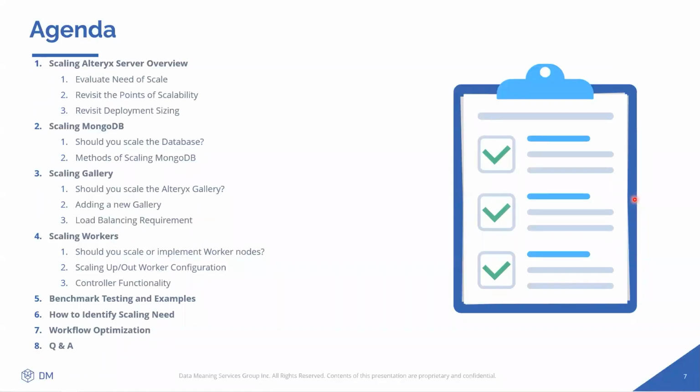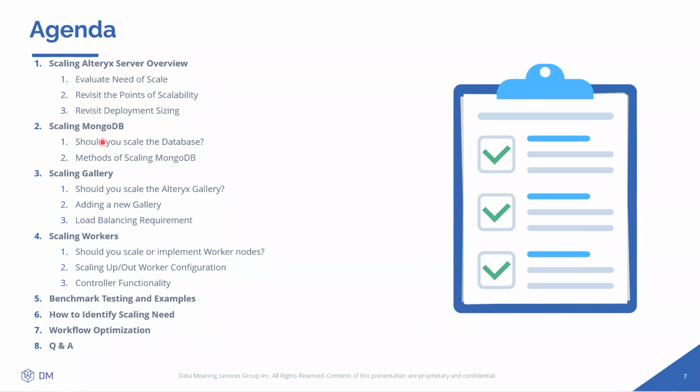So for today's agenda, we are going to be talking about scaling Alteryx Server overview. Here, we're going to be revisiting some of the topics brought up in a previous session. We're also going to be talking about some references for deployment sizing as well.